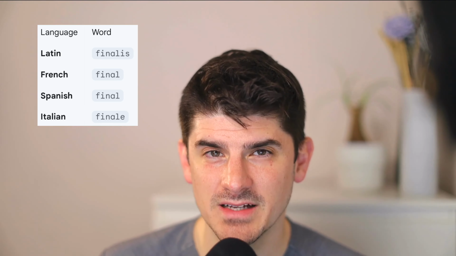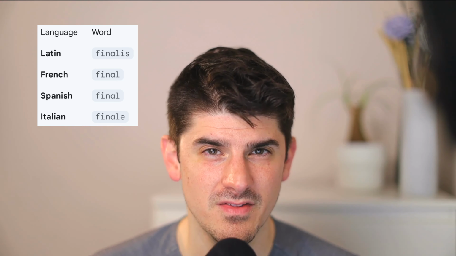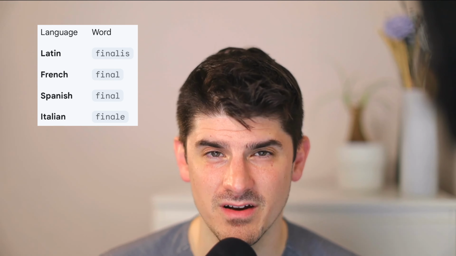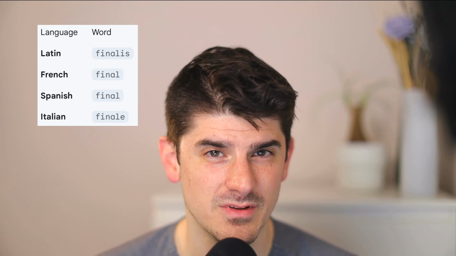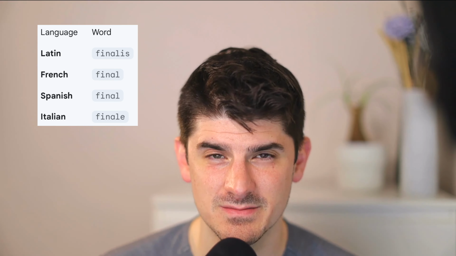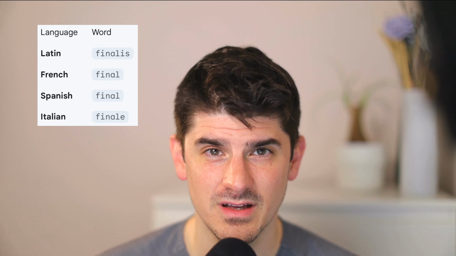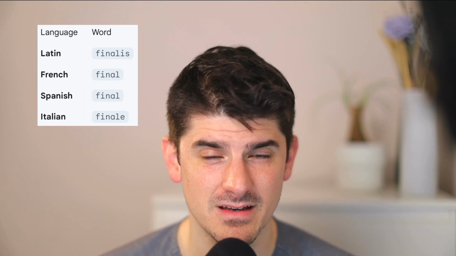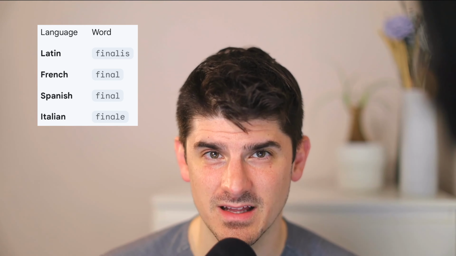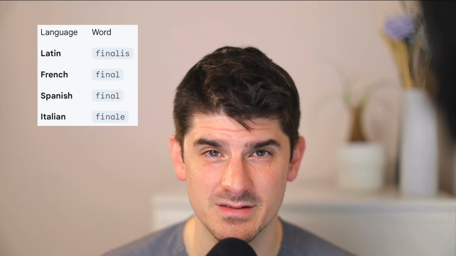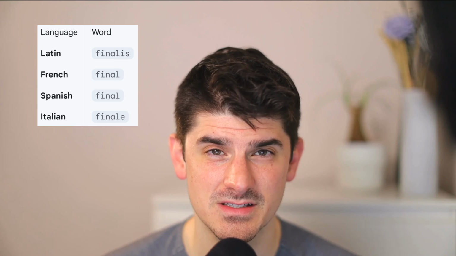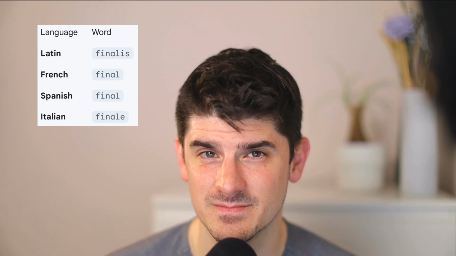Here's a rough analogy for you to think about what this would be like. Imagine a word that sounds very, very similar in multiple different languages. Take, for example, a word that is nearly identical in a parent language like Latin and in the descendant languages like the other Romance languages, say French, Spanish, and Italian.